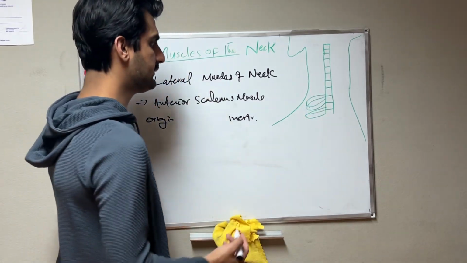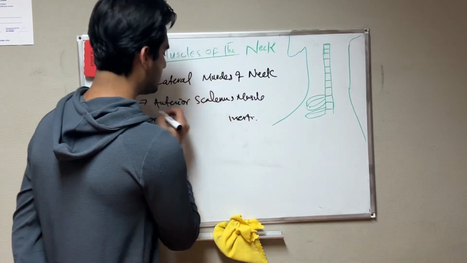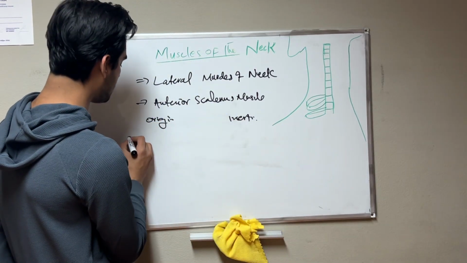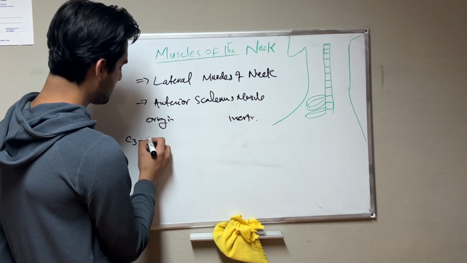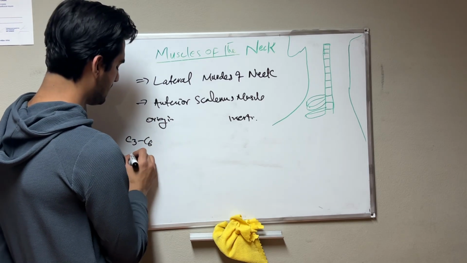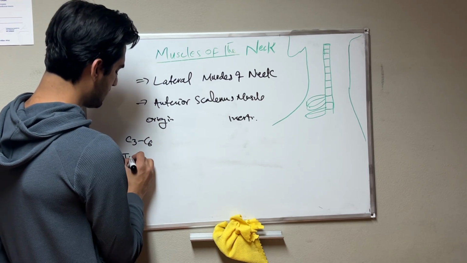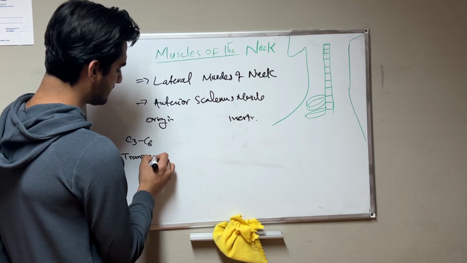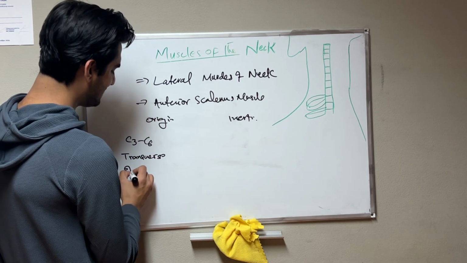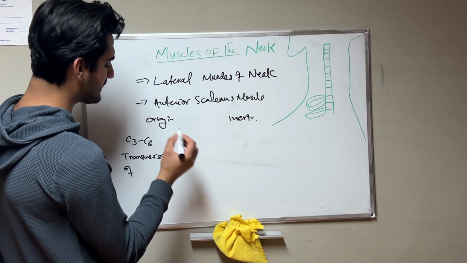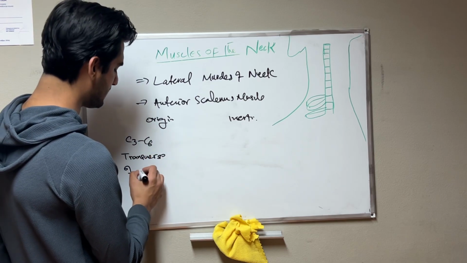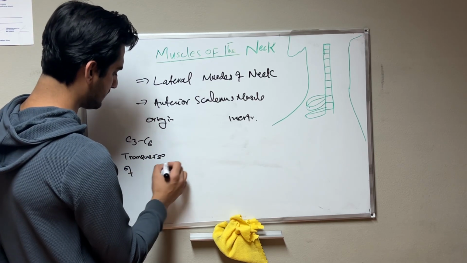The anterior scalenus muscle originates from C3 to C6, from the transverse process. That means the transverse processes of the C3 cervical vertebra till the C6 vertebra.